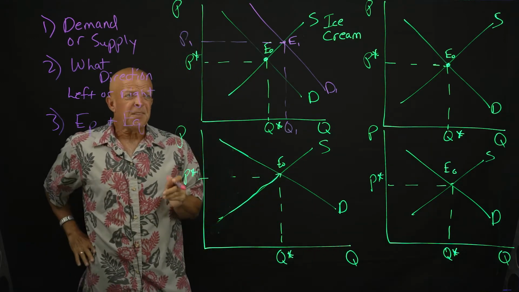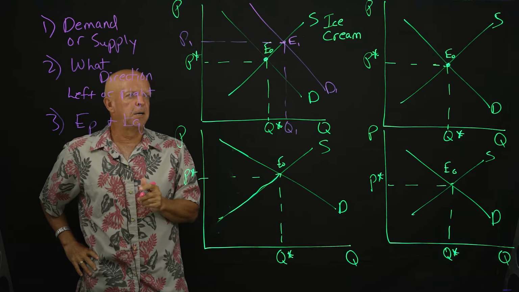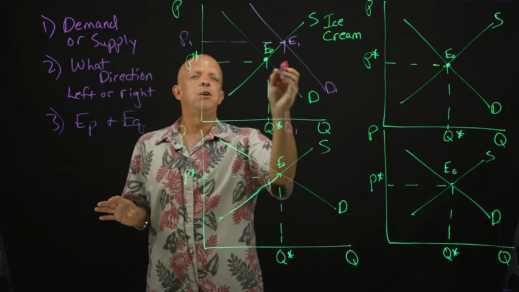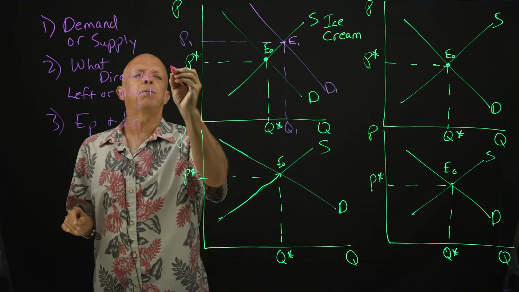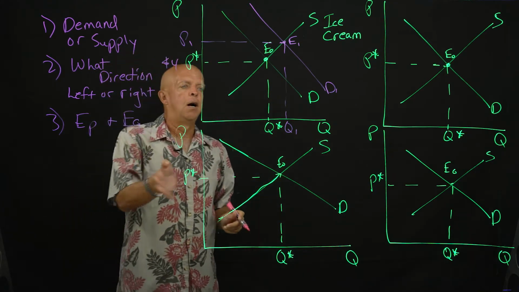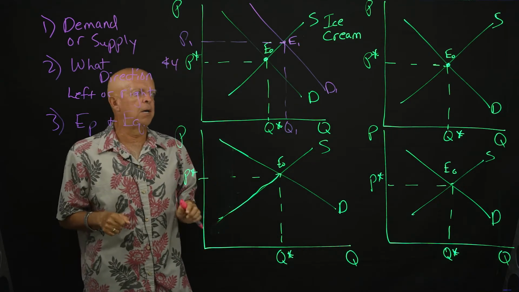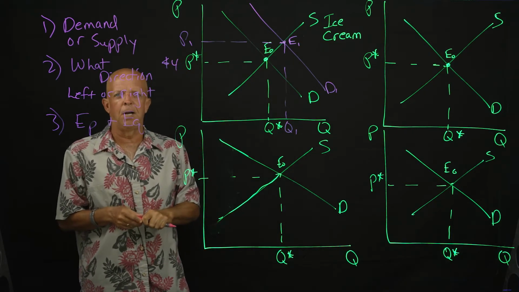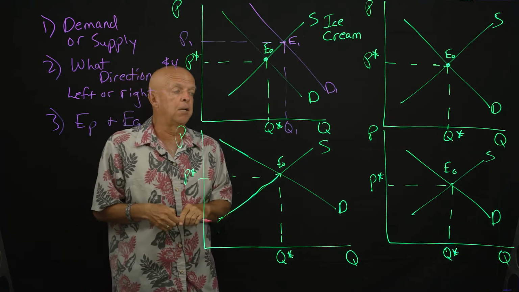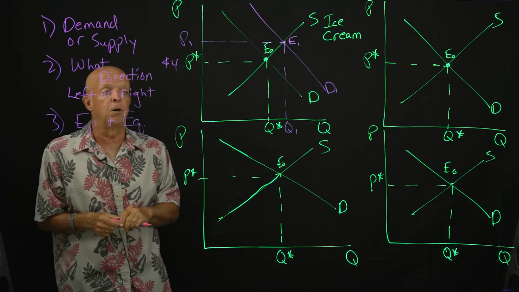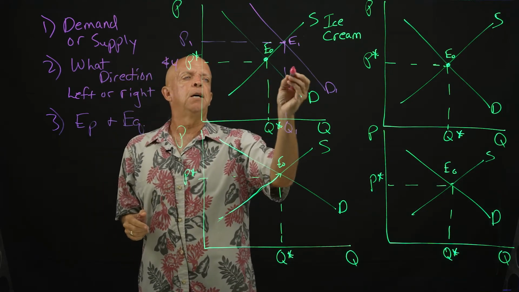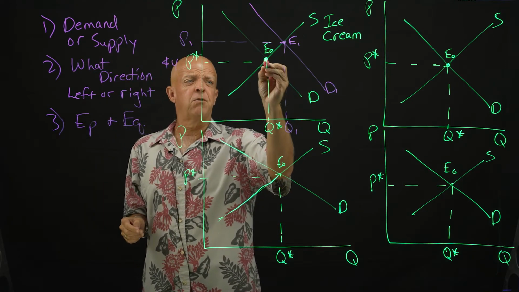But some things to look at behind the scenes. At the initial price, let's say this price is $4. Really hot weather, and it's been really hot. Let's say you're in Waikiki in July and August, and oh my goodness, it gets really hot. So people flood to get ice cream.